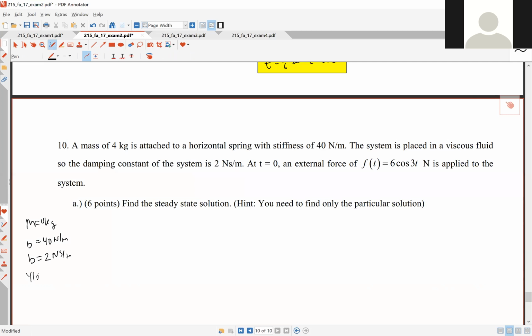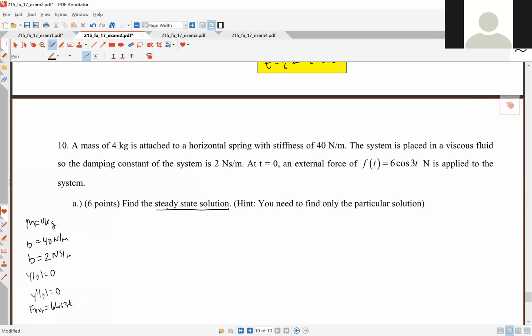We did not move the mass at all or give it any initial velocity, but instead what we did was drive it with an external force of 6 cosine 3t. And so when we did these, I asked for the steady state.